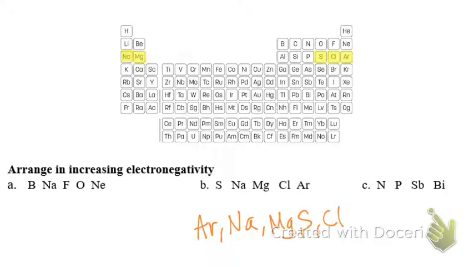So I want you to try this next one. I'll go ahead and point out what the elements are in here, all in the same column. Go ahead and try and put those in increasing electronegativity order. There's no noble gases there to throw you off, so it should be a pretty simple order.